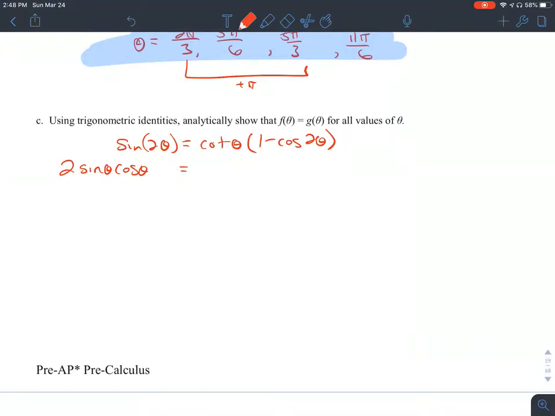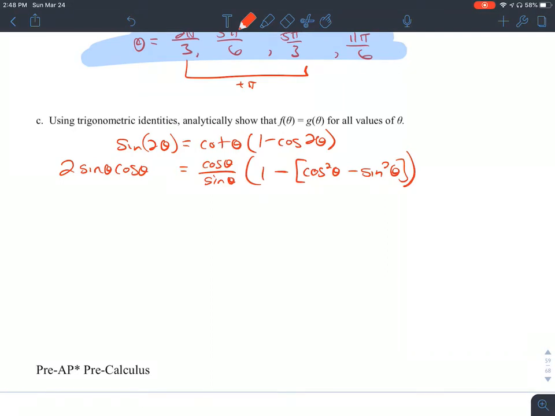The right side, I'm going to change cotangent to cosine over sine, and I'm going to change cosine of 2 theta into cosine squared of theta minus sine squared of theta. That is the double angle identity for cosine.